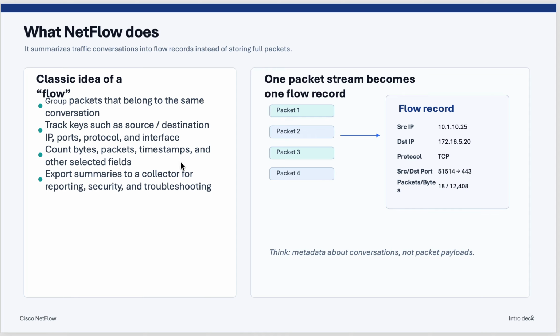So, in other words, the idea of a flow is that it is what it says. It's going to group packets that belong to the same, quote unquote, conversation. It's going to track key pieces of information, or as they call it, keys, such as source, destination, interfaces, and it's going to count bytes, packets, and timestamps to tell a story.